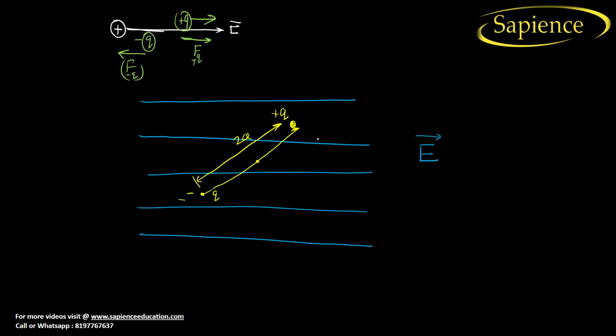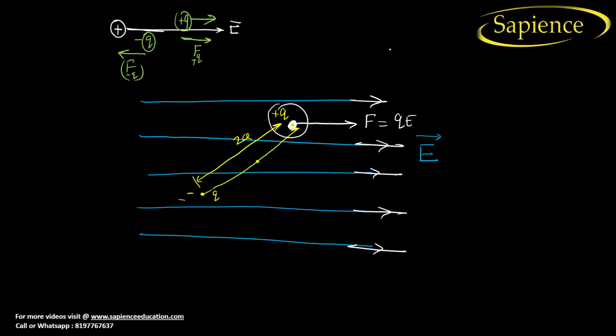Now let us go one by one. Since this is your positive charge, let us consider the direction of the electric field is in this direction, right? Then what will happen to this charge? The force will act upon it, so F is equal to QE.